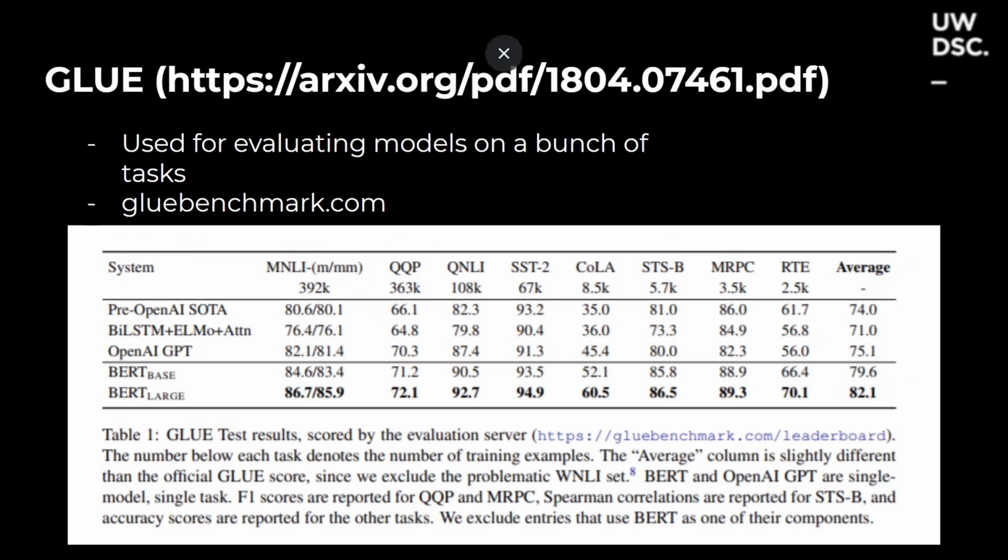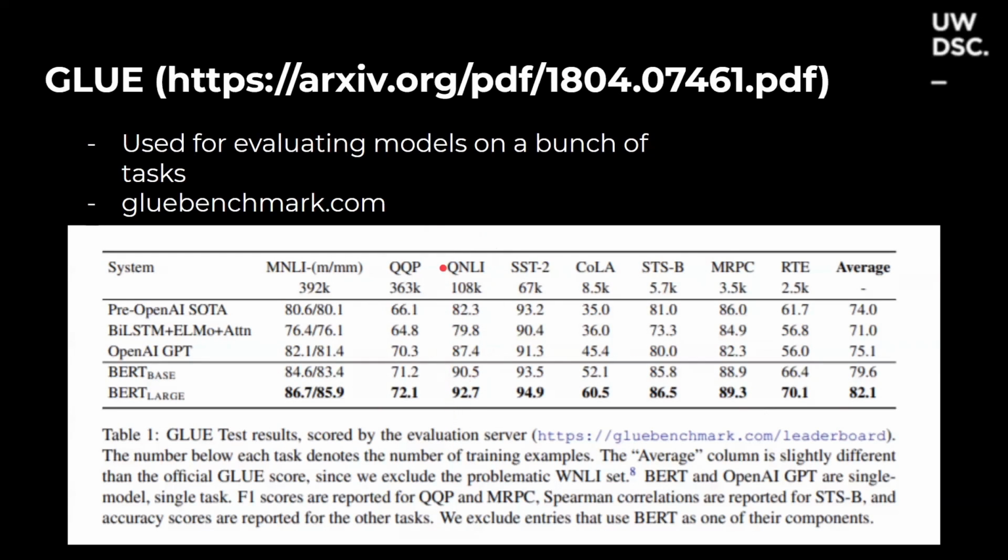Some of the tasks that we're looking at, for example, QQP is the Quora question dataset. It gives you two questions, and you will have to tell if they are similar to each other. QNLI is your standard question answering dataset.